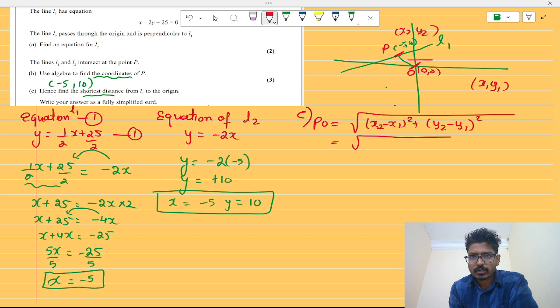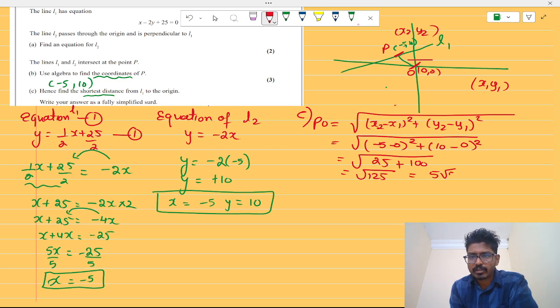Our x2 value is negative 5 and x1 value is 0, plus our y2 value is 10 and y1 value is 0. Upon calculation, square root of 25 plus 10 squared, which is 100, so this will be the square root of 125.